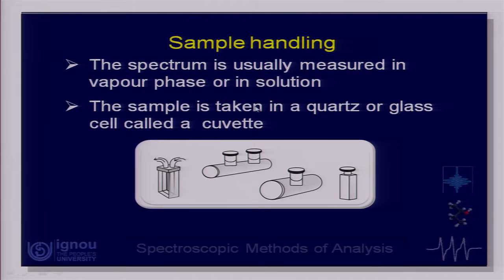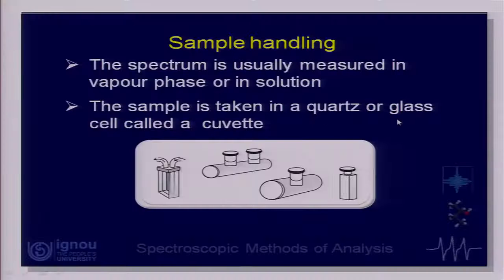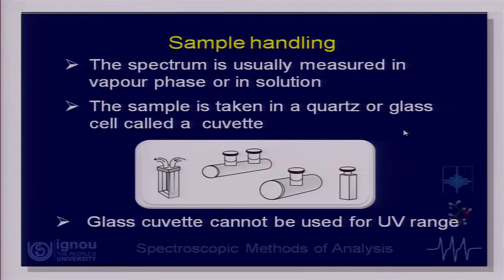That container is called a cuvette, and that is typically made up of quartz or glass. These cuvettes come in a variety of shapes. Depending on the requirement, we can use a cuvette of a suitable type. But what is important to note is that though cuvettes come in quartz or glass, if I have to use the UV range, I cannot use glass, because glass itself absorbs UV radiation.